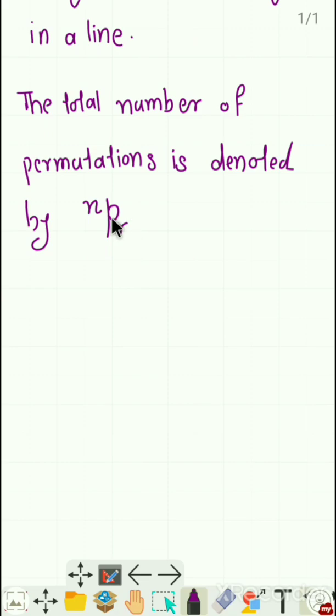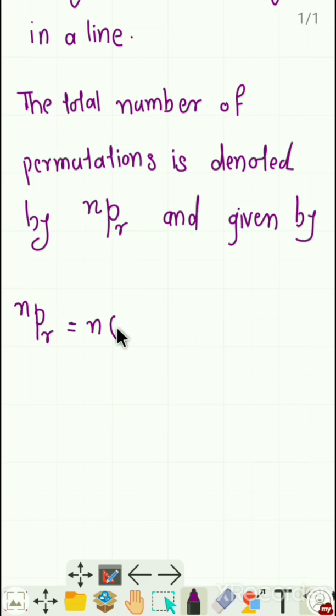nPr. See here how I'm writing this nPr, and it is given by the formula nPr equals n into (n minus 1) into (n minus 2) into and so on, into (n minus r plus 1).